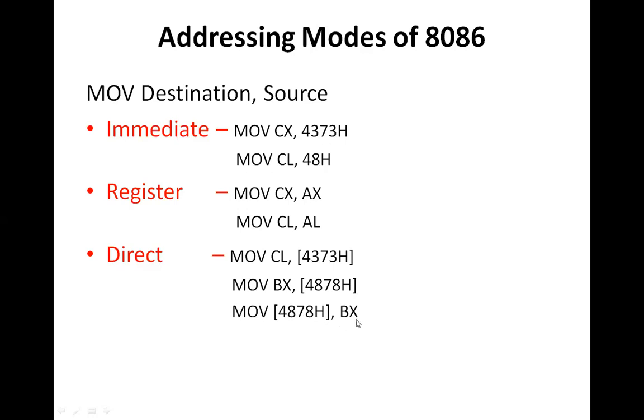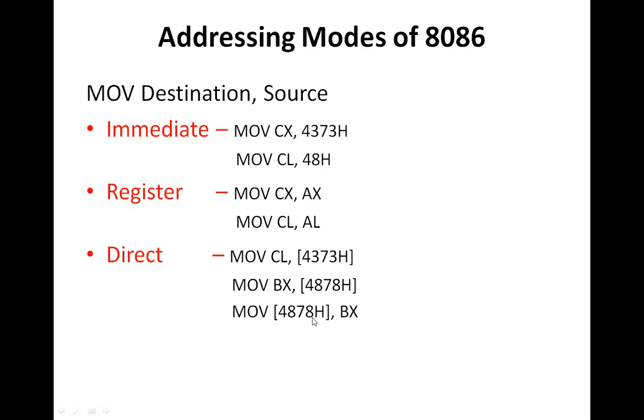So it is going to copy the content of BX, that is BL and BH, into certain memory locations. Two memory locations will be required to copy the data from BX, because BX is a 16-bit register containing BL and BH, and these two 8-bit data have to be copied in two successive memory locations. One memory location will be represented by 4878, and another by adding 1 to that address, that is 4879.